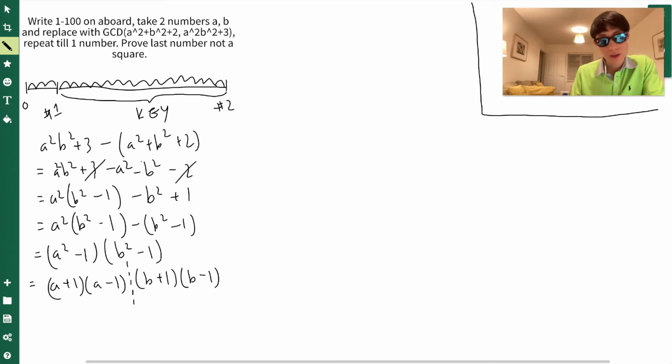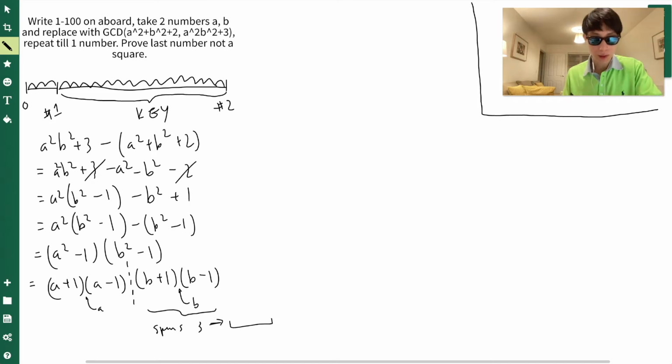And now you can kind of see where the mod 3 intuition comes from, because if I just imagine my b is here or my a is here, well, this plus 1, b, and then minus 1, this kind of spans 3, right? Because if you think about it like this, it's going to be b minus 1, b, then b plus 1, and one of these has to be divisible by 3 because every 3 numbers, one is divisible by 3.